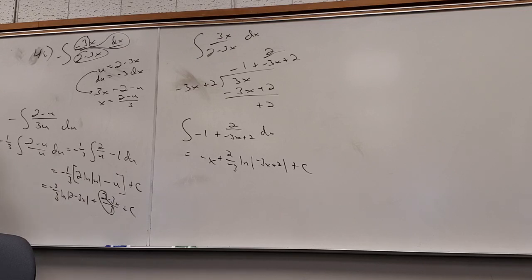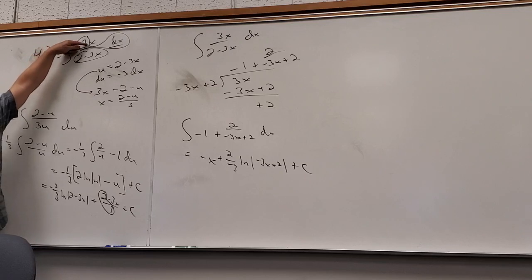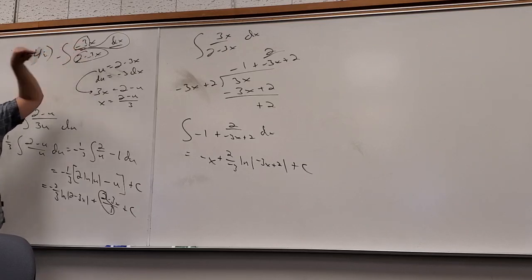Yes? You said it only works if the terms are the same, or what was it? If the degree on top is at least as high as the degree on the bottom. So, watch. Could I divide that and get an answer that's at least 1? Yes.